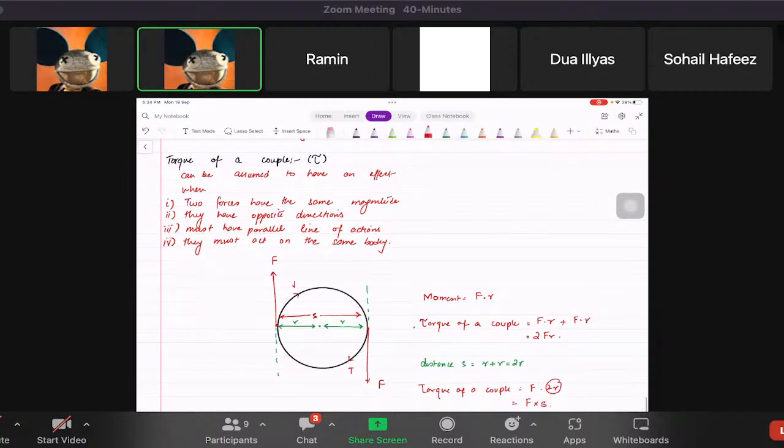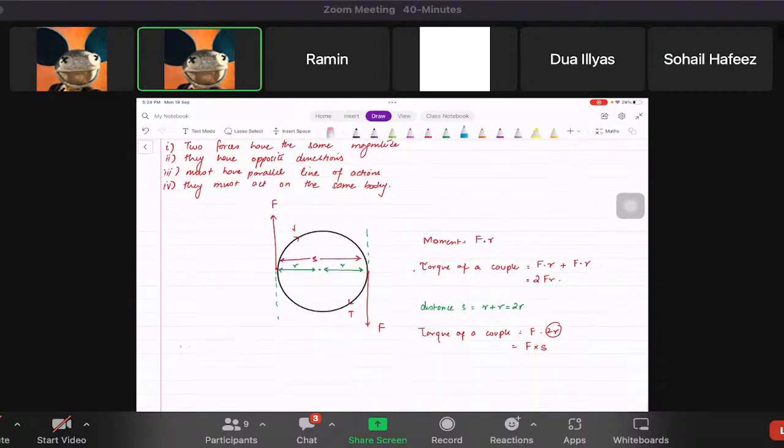So what you're going to do is, I'm just writing a note here so you guys understand what I'm saying. So the note is, torque of a couple would be one of the forces and the distance, which has to be of course perpendicular, between the two forces.